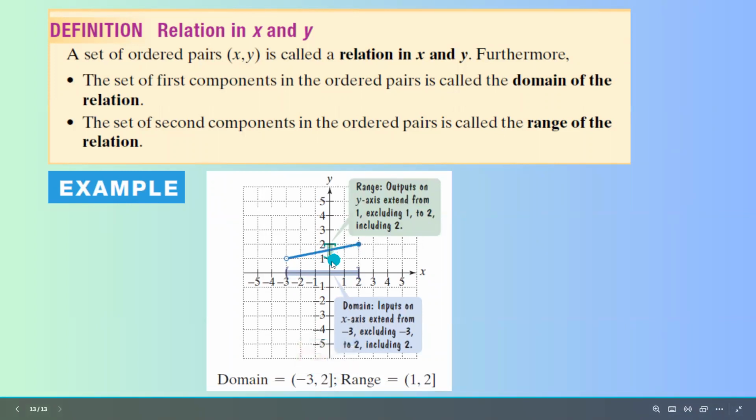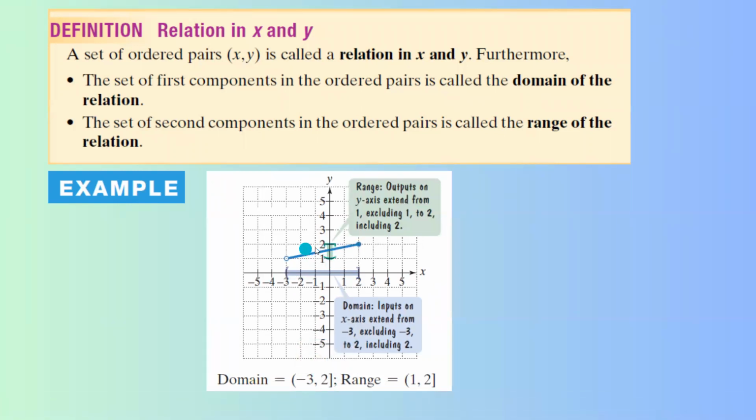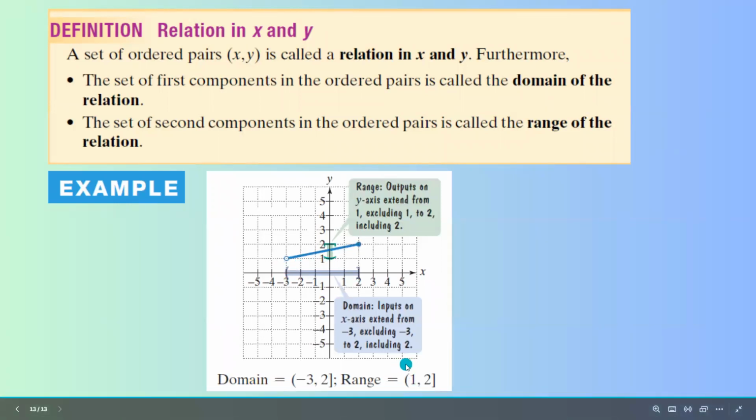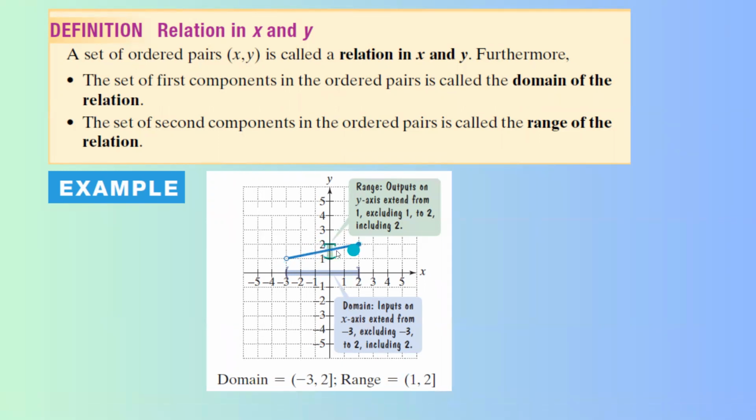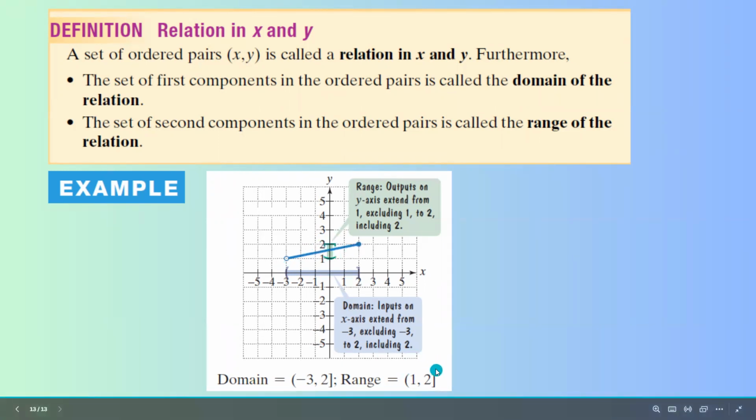For the range, it is between 1 and 2, but 1, related to the initial point, is not included, so that's why you use an open parenthesis. 2, related to the terminal point, is included, so we use a closed bracket.